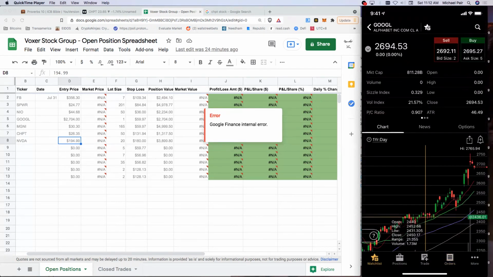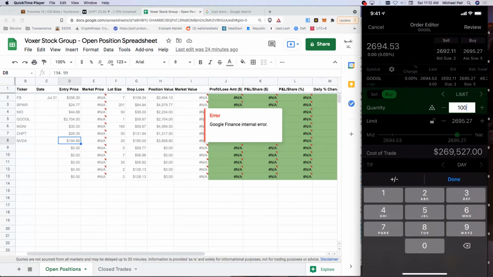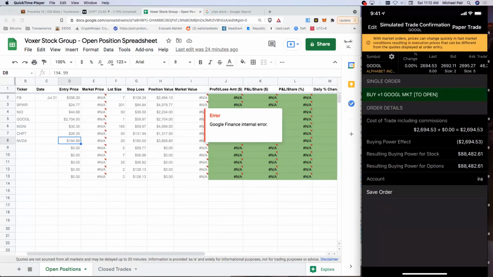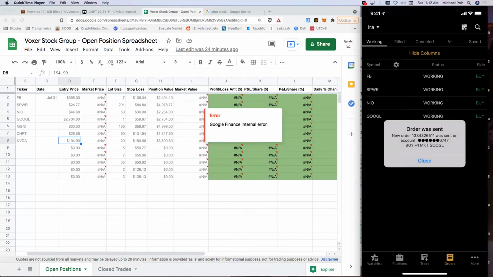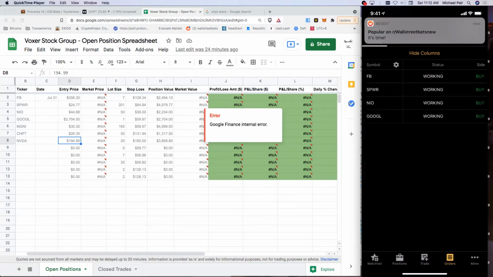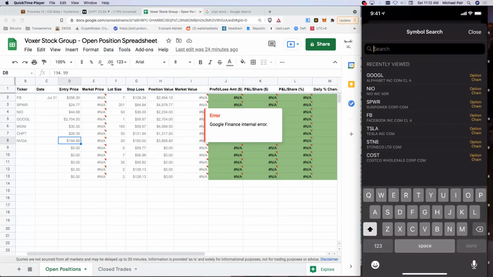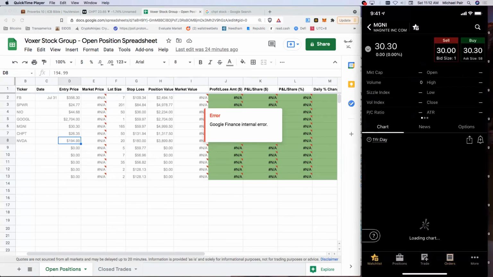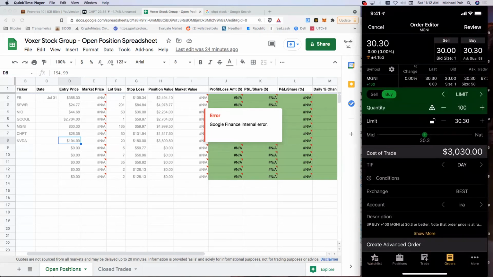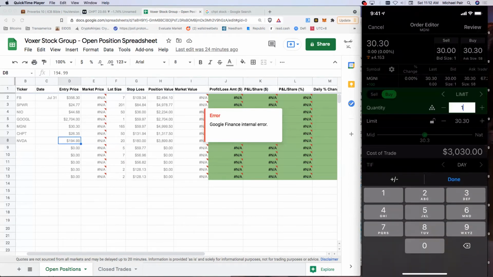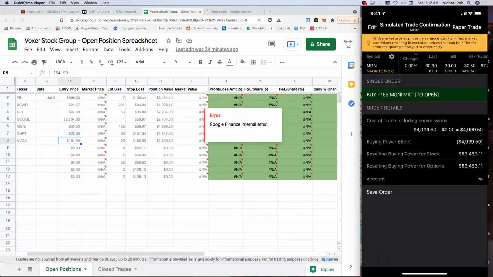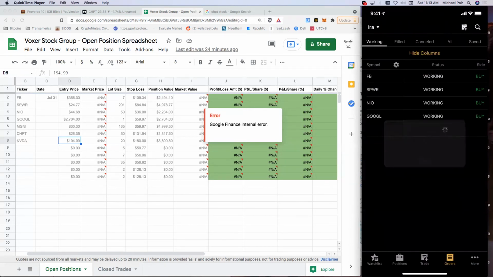Google. We're buying 1 share. All right. Market order. All right. Buy. All right. Magnite, MGNI. All right. Buy. How many? 165. Market order. Review. Buy 165 shares of Magnite to open. All right. Submit.